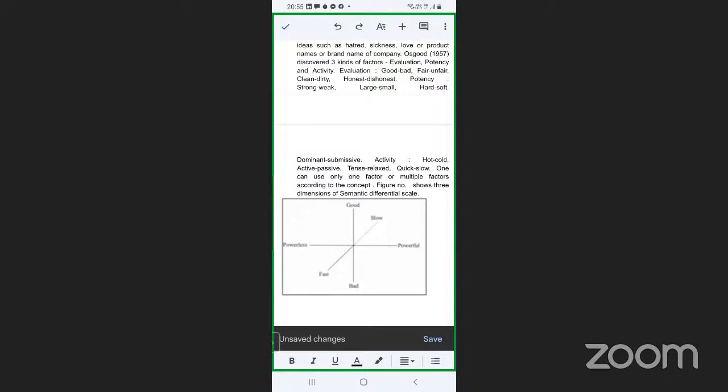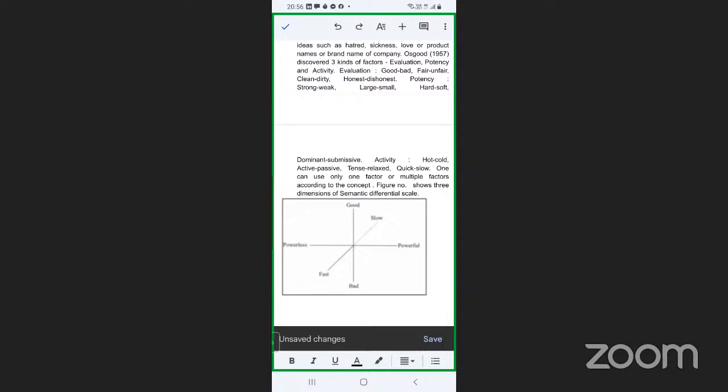And this particular scale, the semantic differential scale, is widely used in marketing management.